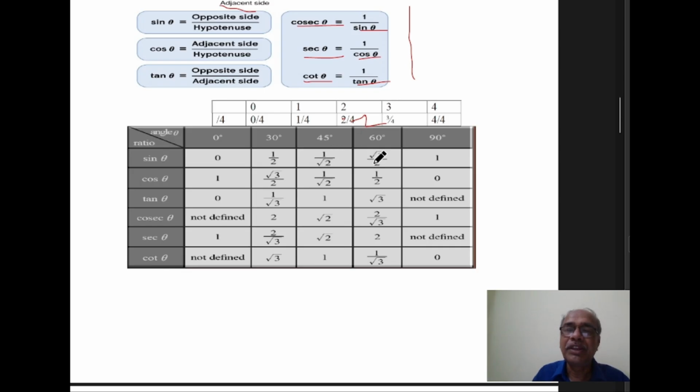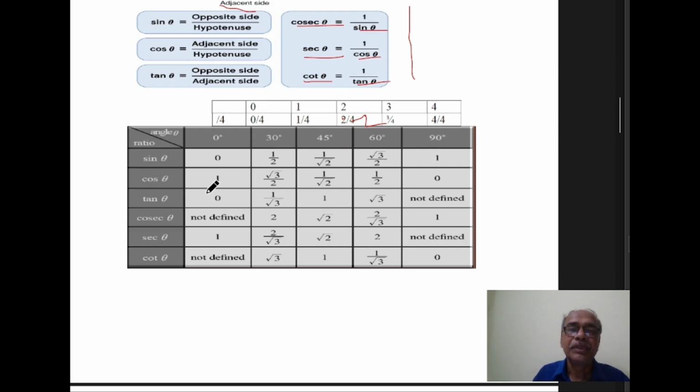Then root 3 by 2, and this is 4 by 4 equal to 1, so the square root of this is equal to 1. Here you see sin 0 degrees equals 0, sin 30 degrees equals half, sin 45 degrees equals 1 by root 2, sin 60 equals root 3 by 2, sin 90 equals 1.